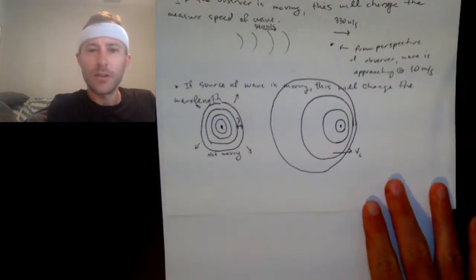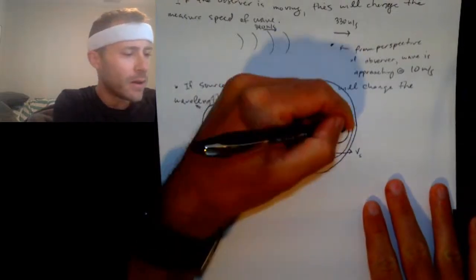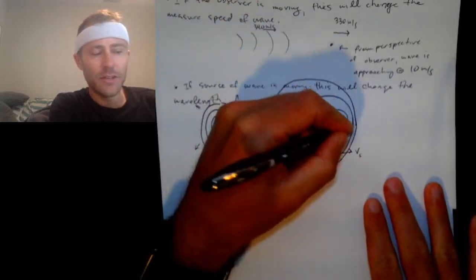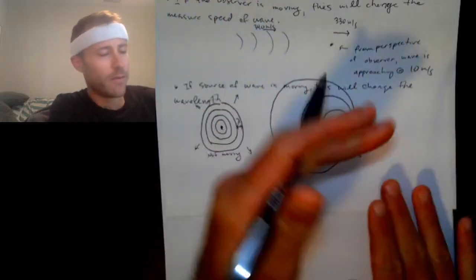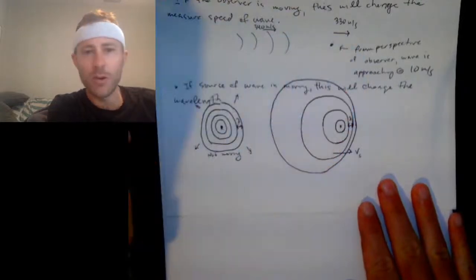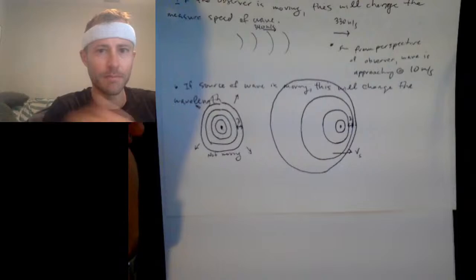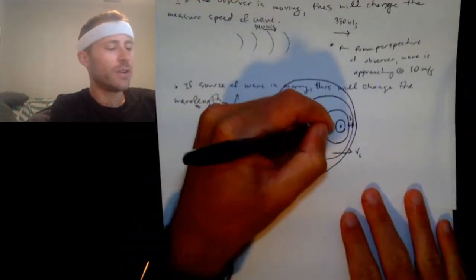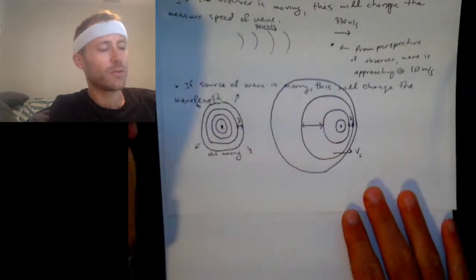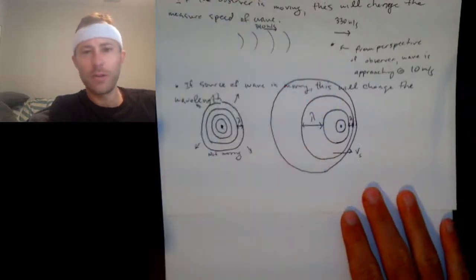Okay, so it kind of looks like that. And so what you can see is the waves on the leading side are scrunched together, and so the wavelength is smaller on the front side. And on the trailing side of the source, this would be the wavelength.